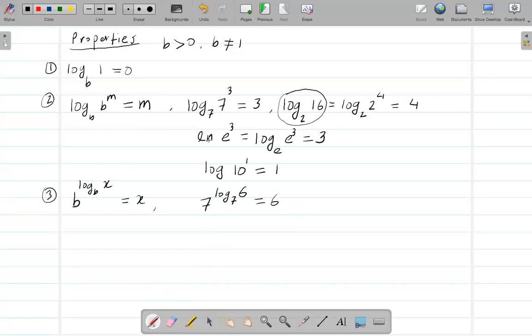Now let me write this on a new page. Another one: let's say we have a single log with some base and we are multiplying two terms, log base b of m times n. These m times n are both attached to this log.